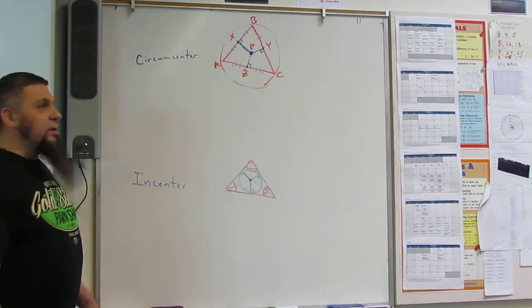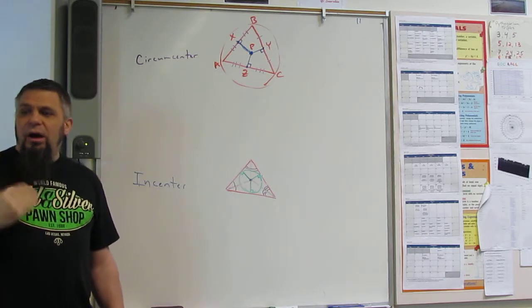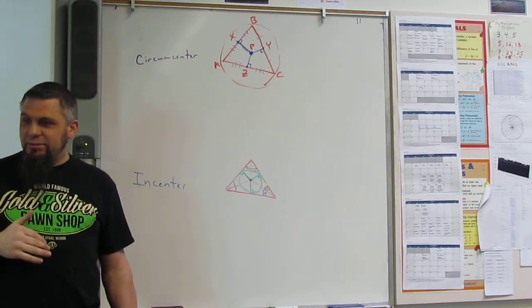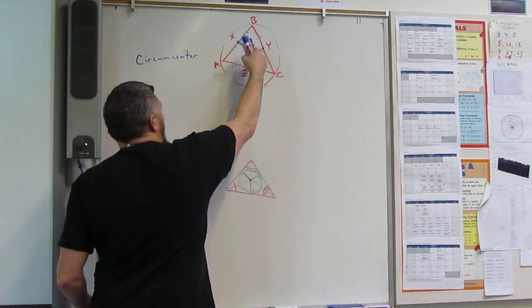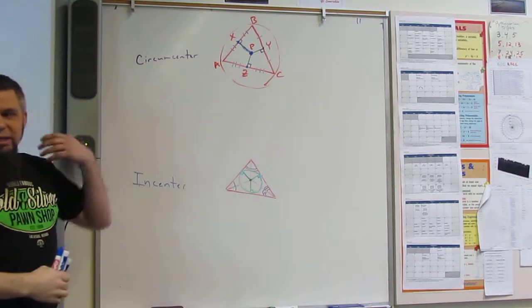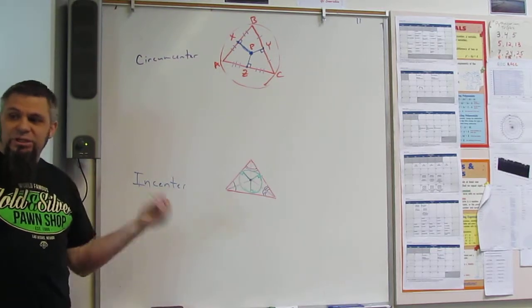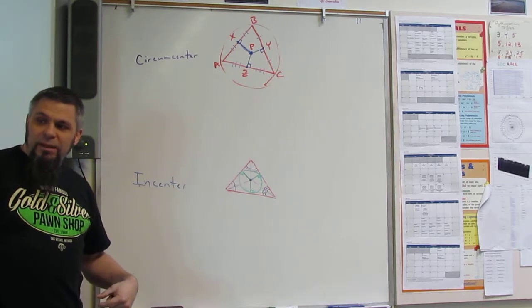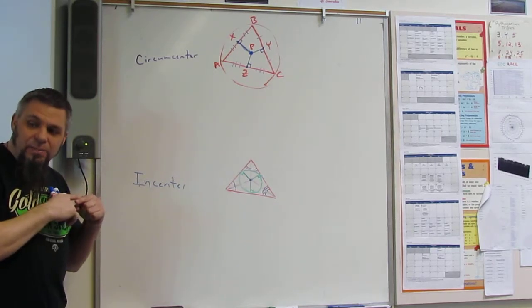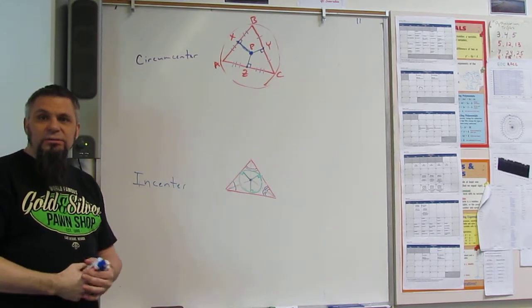On a right triangle, the center will be on the hypotenuse. So the circumcenter will be on the inside of the triangle if it's acute, the outside of the triangle if it's obtuse, and on the hypotenuse if it's a right triangle.